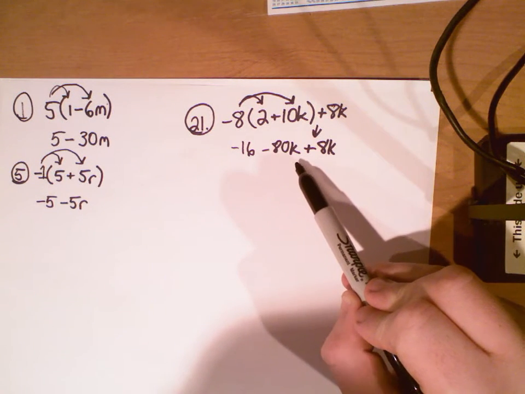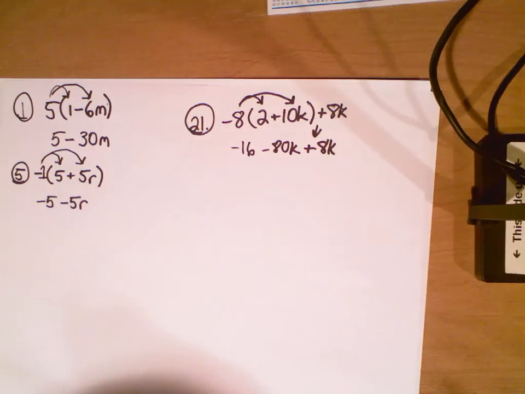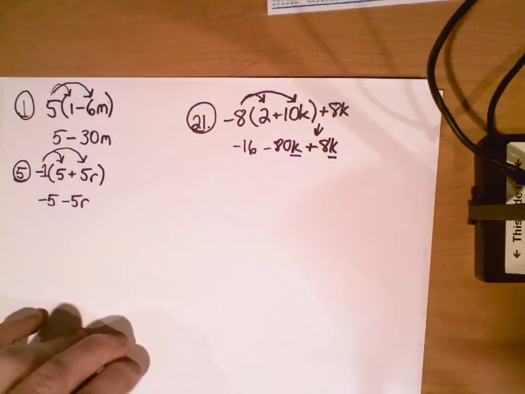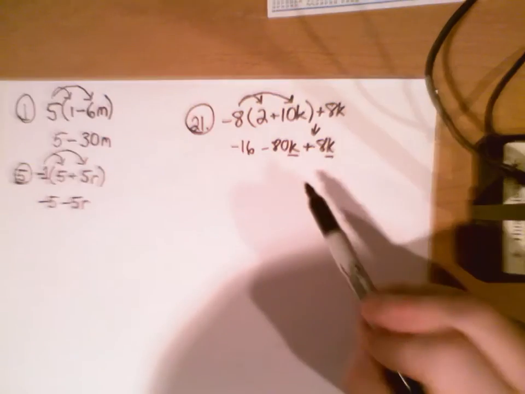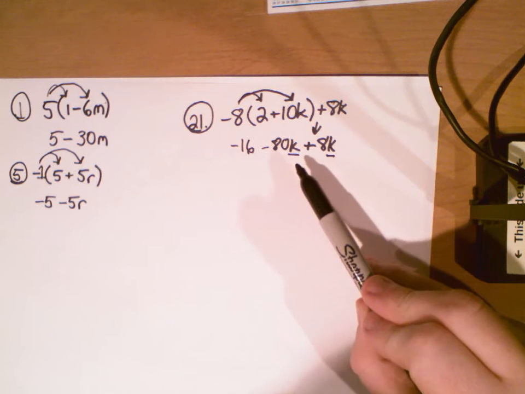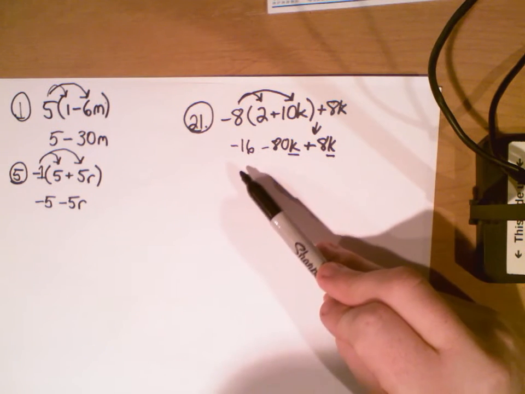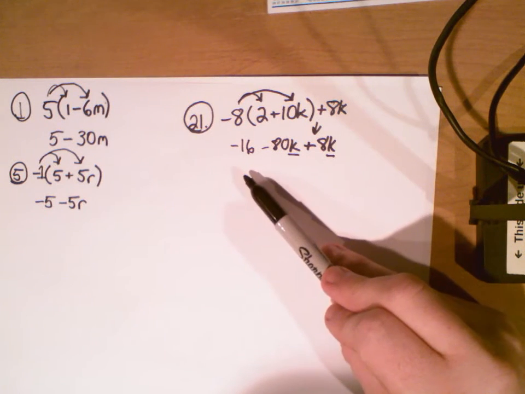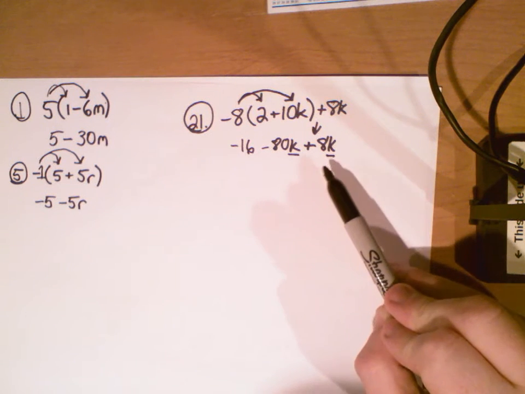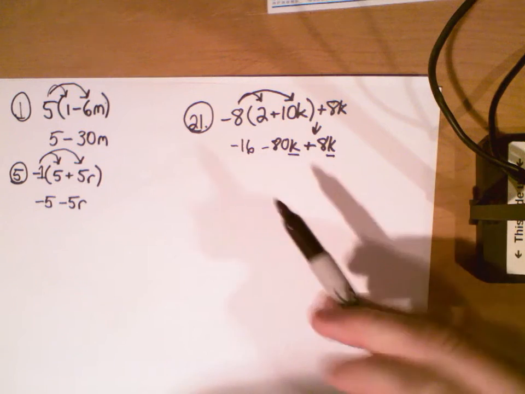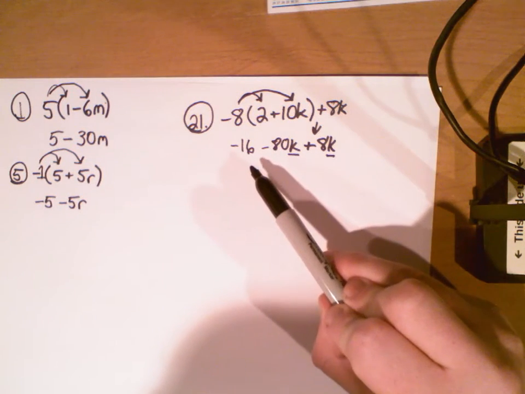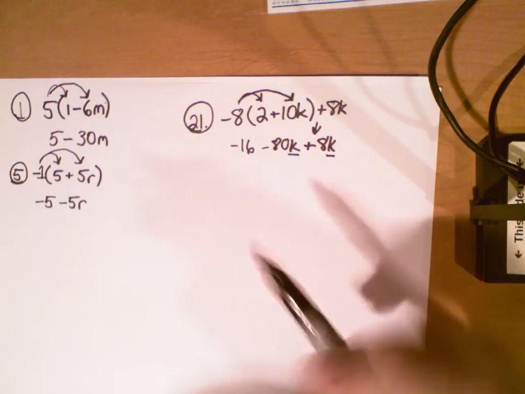Our variable is also known as our letter, okay? These are variables. And it just so happens that I can combine these two numbers because they have the same letter. Otherwise, you would just leave it alone as negative 16 minus 80k if this number didn't exist. But let's make it simple and easy. I know that I can't combine this number because I don't have a letter, so let's just bring it right down.